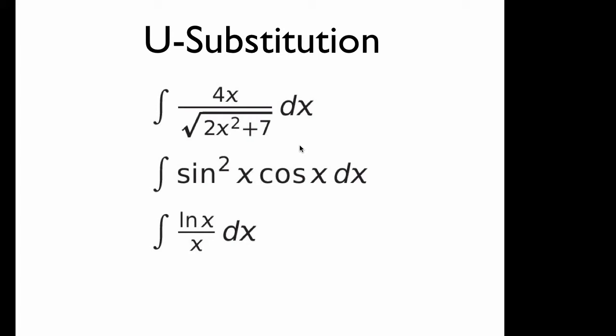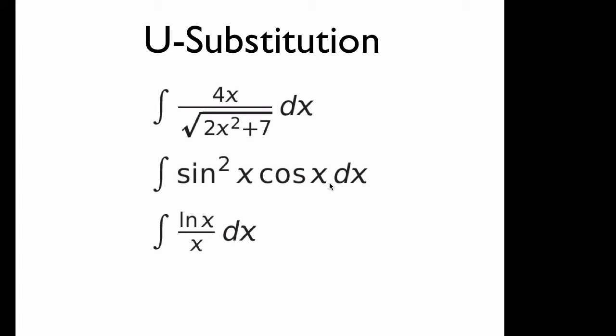Trig, again, just sometimes throws us off because we're not thinking about those functions and derivatives all the time. And then ln. So these last two examples, I've got sine squared x cosine x. So everyone's familiar with sine and cosine being derivatives of each other. But sometimes we see sine squared, we go, huh.